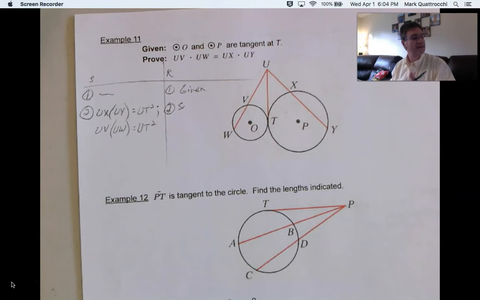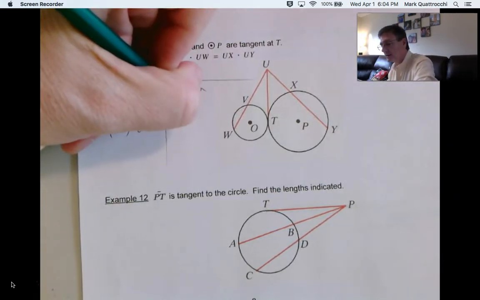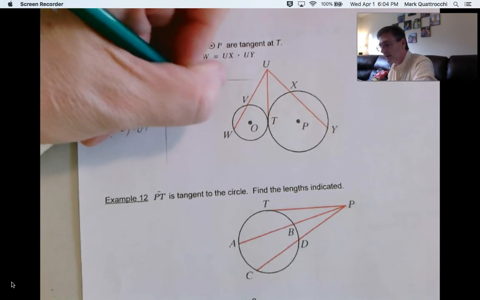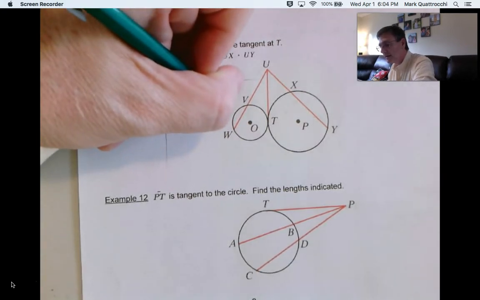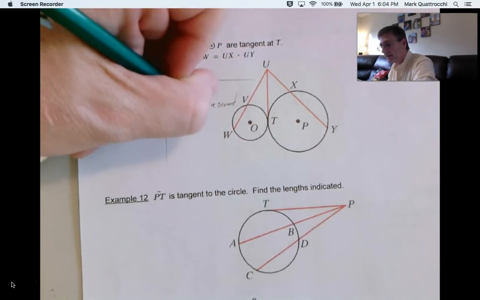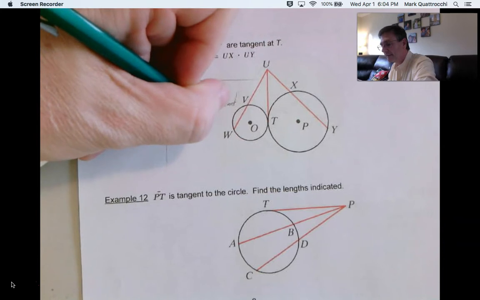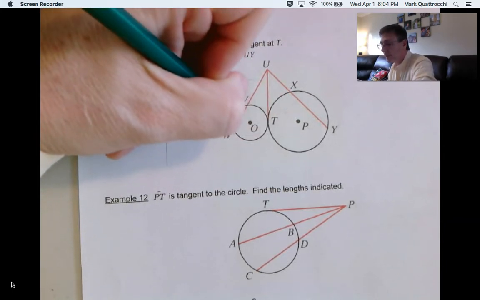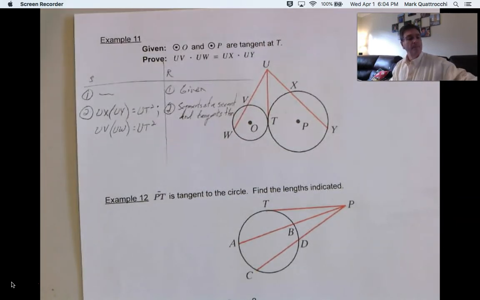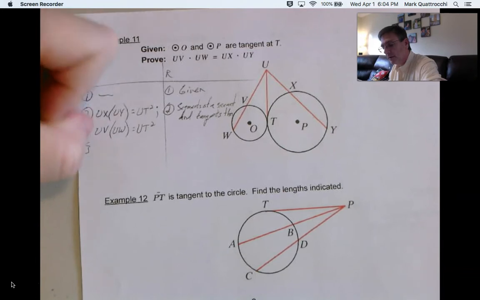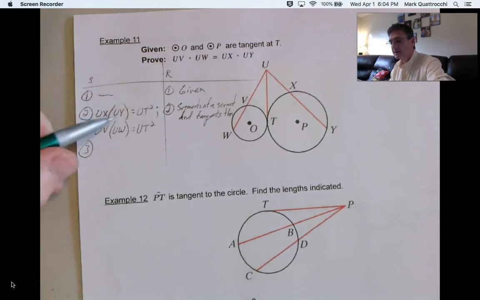Okay, and then statement 3, UX times UY is equal to UV times UW.